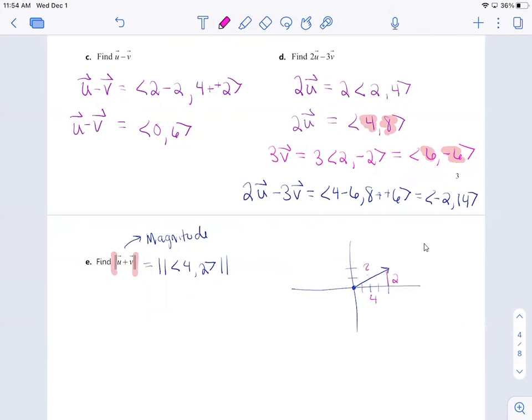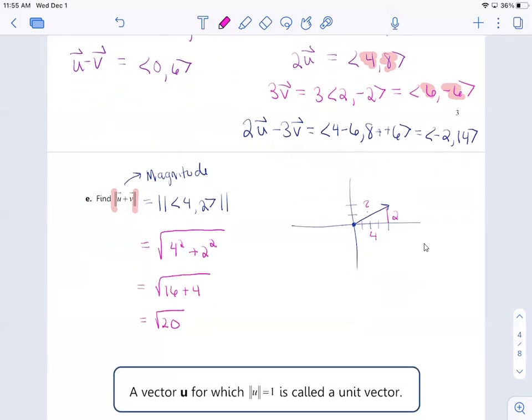But I'm hoping you get okay with, since we've been working with this all term, this is just the square root of 4 squared plus 2 squared. And that's just from Pythagorean theorem. So we end up getting the square root of 16 plus 4. So we get 20. And you're going to pay attention to instructions.